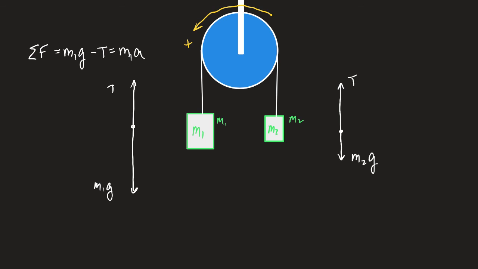Can we do that for the other mass? Be careful, for the other mass, positive is upwards. So tension minus M2G equals M2A.